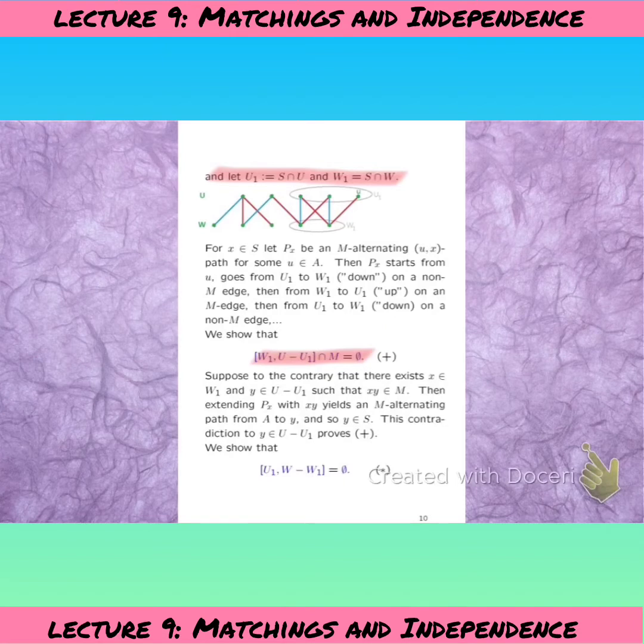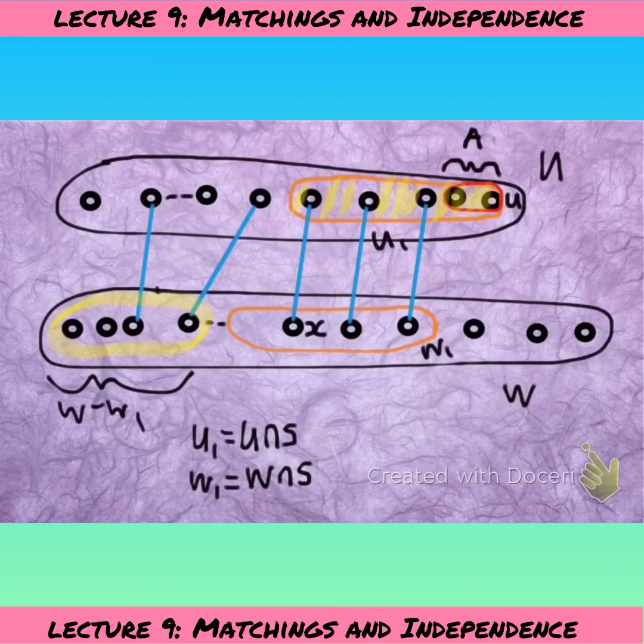Then we also claim that the set of edges between the sets U1 and W minus W1 is empty. Going back to our sketch, there we've got the colored part, which is U1, and also W minus W1. Now what we're claiming is that you cannot find any edges between those two sets.